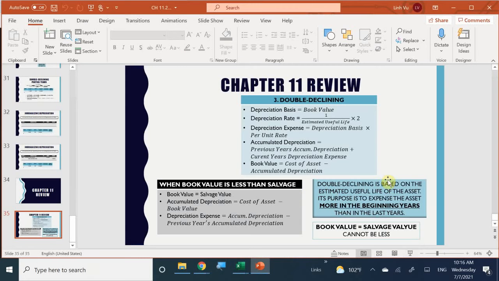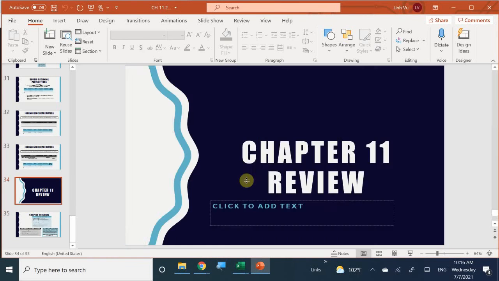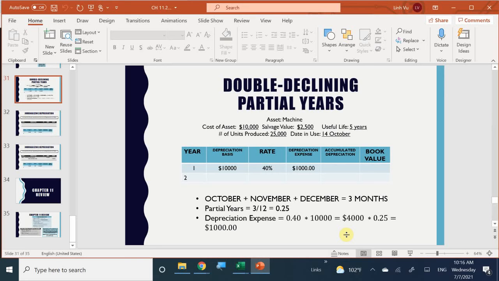Any questions for 11.2? I do have one. Can you please go back to the last slide before the review slides? Because it was the first year, that's why you didn't finish with the accumulated depreciation and the book value. I just wanted to get the concept through. Accumulated depreciation and book value would be the same, but in this case, I'm not continuing on. It's just the lecture.